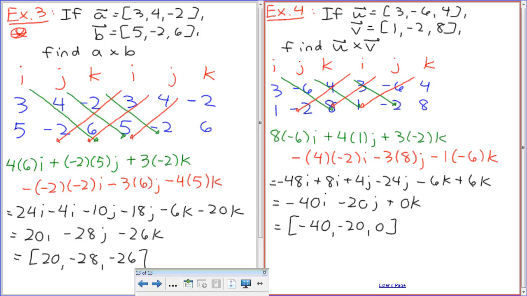Most people get something close to that. Now you figure out what happened.